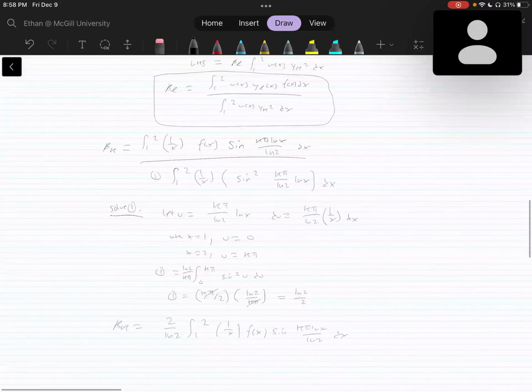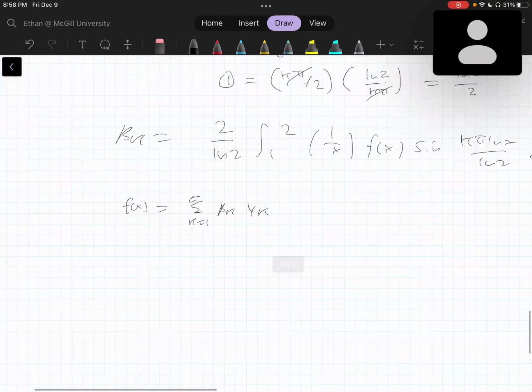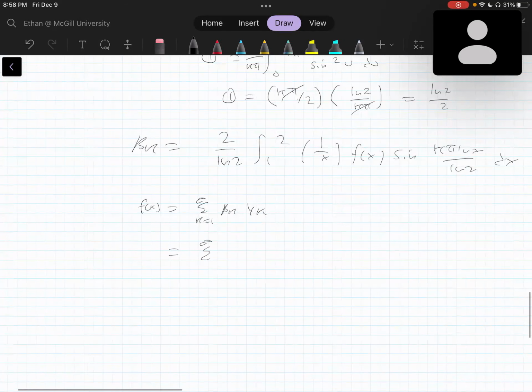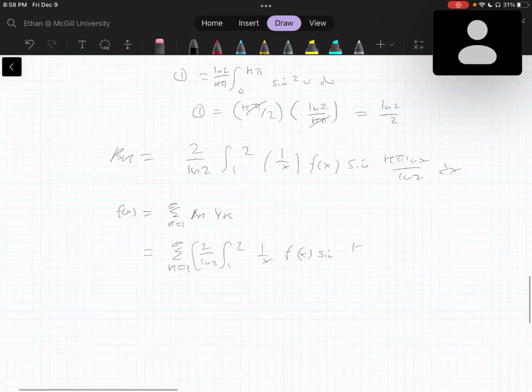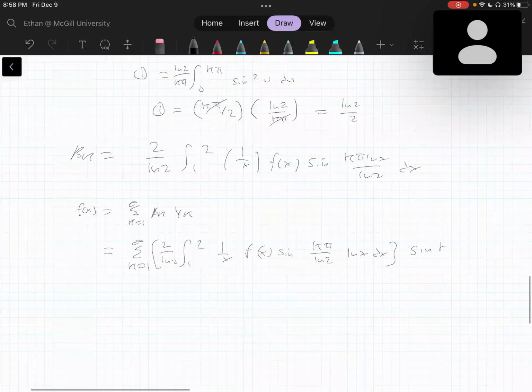We're going to write f of x as the sum of bk times the eigenfunctions, and that's going to be equal to the sum of 2 over ln 2 times the integral from 1 to 2 of 1 over x f of x sine of k pi ln x over ln 2 dx, times the eigenfunction, which is just sine of k pi ln x over ln 2. And that's our final solution.